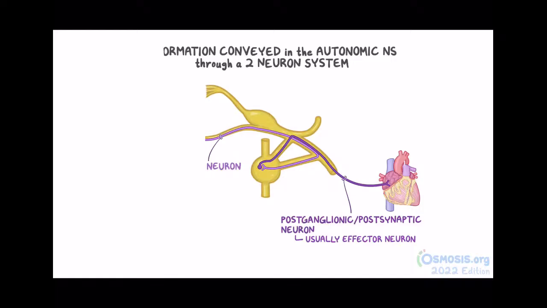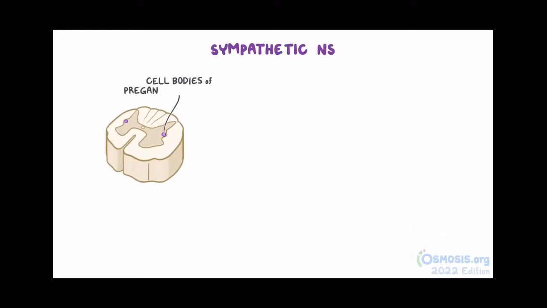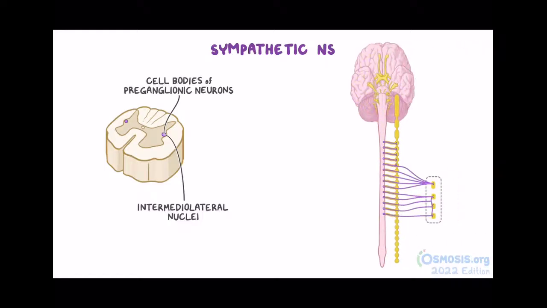Let's start by talking about the neurons of the sympathetic nervous system. So, the cell bodies of the preganglionic neurons of the sympathetic division are located in the intermediolateral nuclei, which make up the lateral horns of the spinal cord's gray matter in the thoracolumbar spinal cord segments. Specifically, the preganglionic neurons arise from the T1 to L3 spinal cord segments.